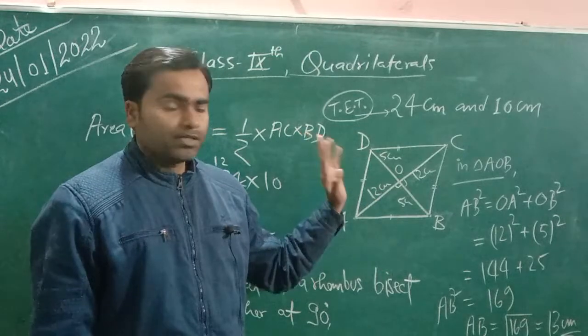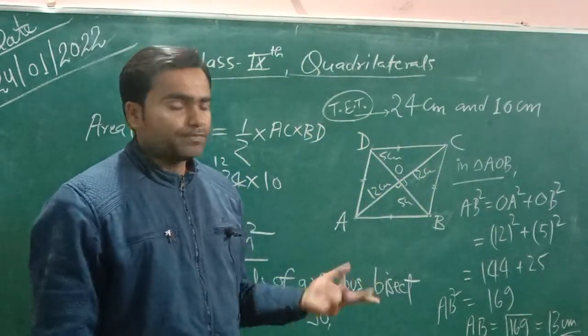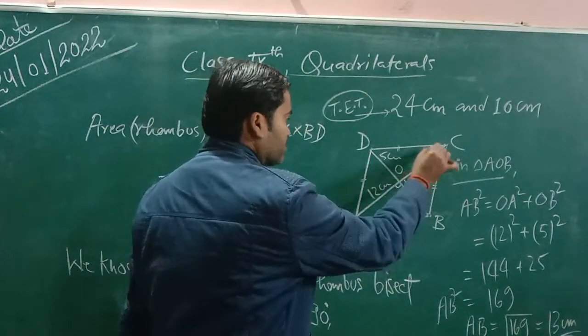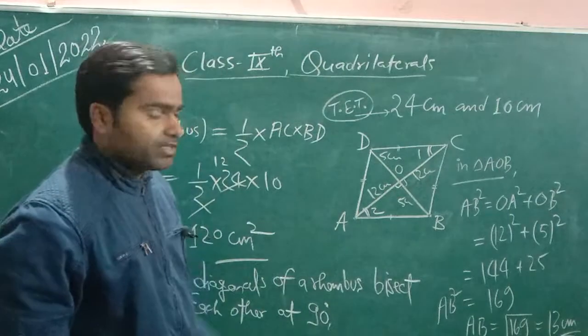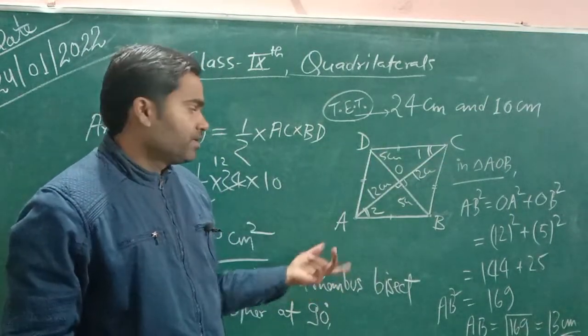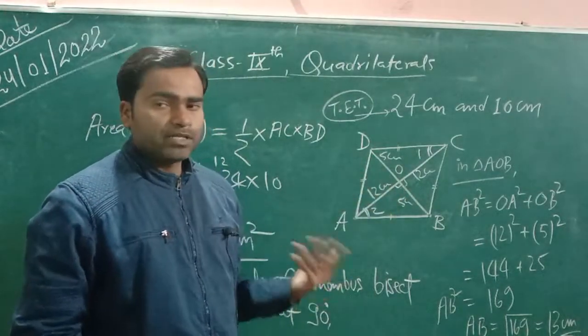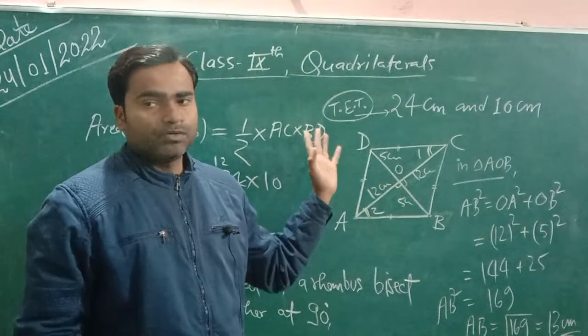Angle AOB is equal to angle COD, vertically opposite angles. This angle 1 is equal to this angle 2, alternate angles, as AB is parallel to CD and AC is transversal. These two triangles are congruent, hence OA equals OC and OB equals OD.